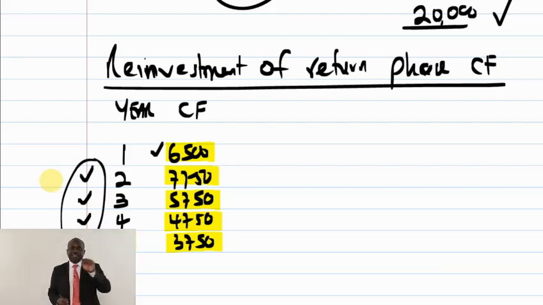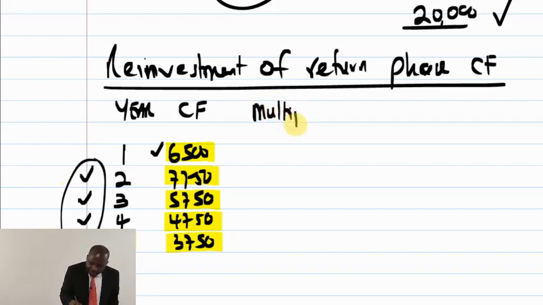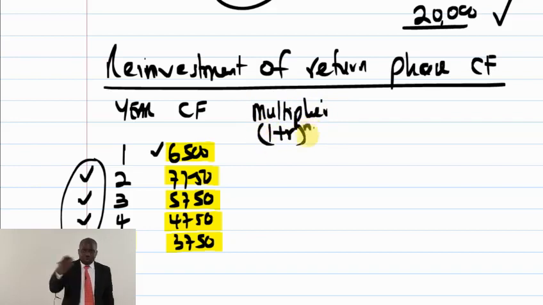So giving me 6,500, and I'm going to make a return of 8% over a period of 4 years. What will be the total amount I will get at the end of the period? This is what they call the multiplier. That multiplier is your (1 + r)^n, compounding.